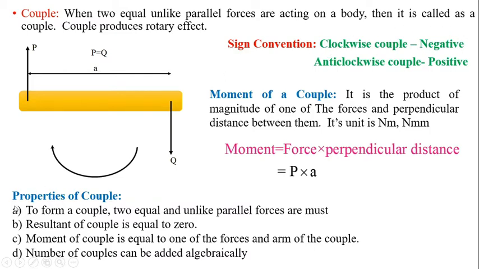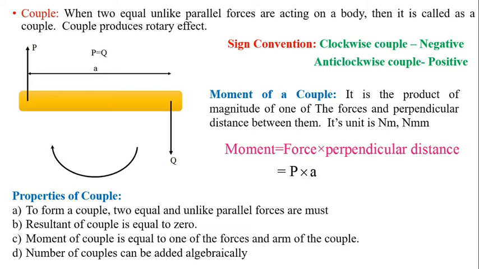Then what are the different properties of couple? The first property, if you know the definition of couple, you can easily write: to form a couple, two equal and unlike parallel forces are required. Very simple. It is the requirement of couple.